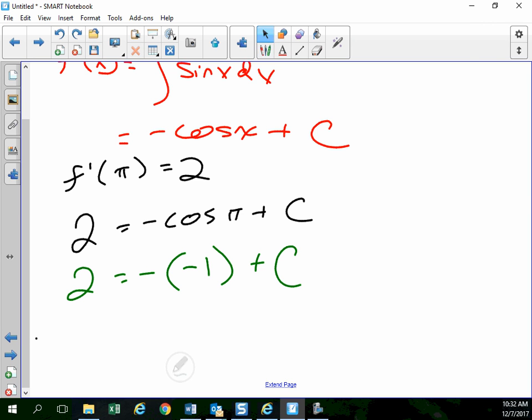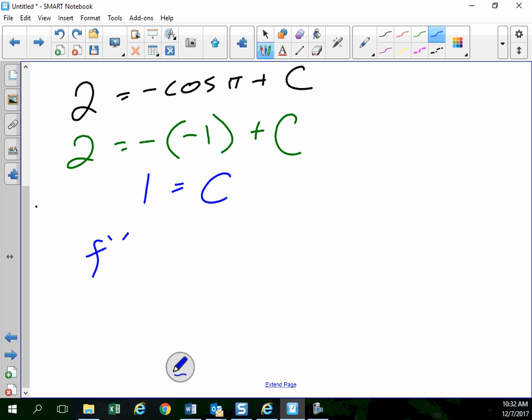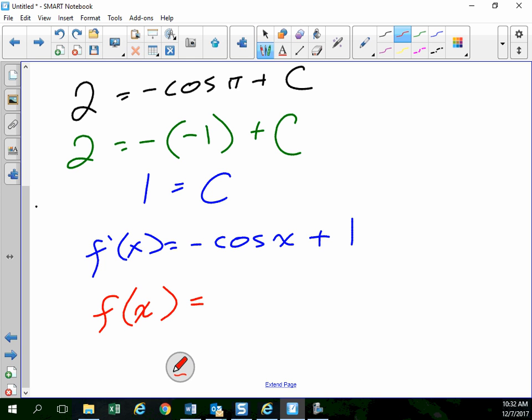So let's see here. So now I have f prime of x equals negative cosine x plus 1. Do it again. What's the integration of negative cosine x?